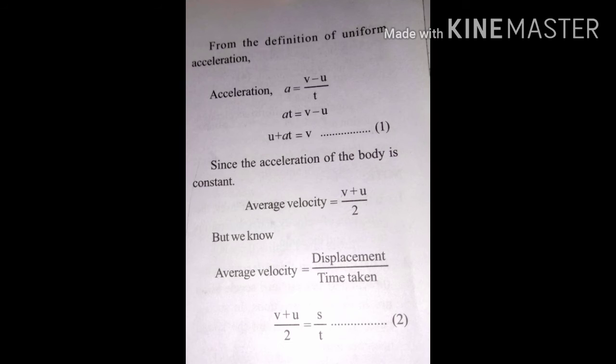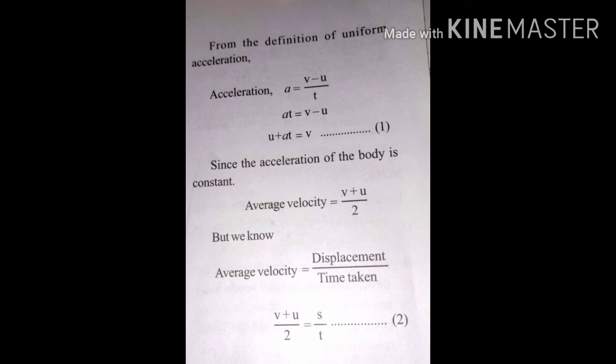Keep the final velocity v on one side and bring the initial velocity u to the other side of the equation. Then you get v equals u plus at. This is how you derive the first formula.